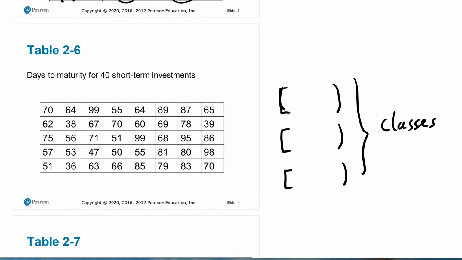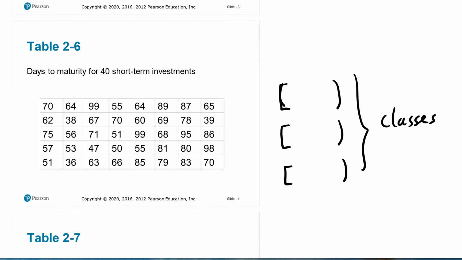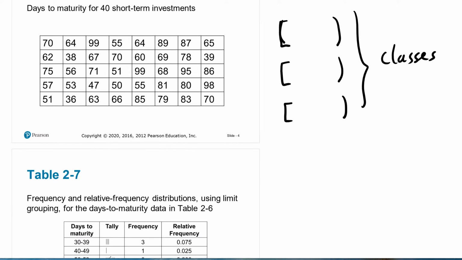And to do the grouping, there are 2 different ways of grouping. The first one works usually with this kind of data, where there are no decimals involved, just integers or natural numbers. The person who grouped this decided to make the class width 10. They looked at the smallest number in the data. Which one is the smallest?